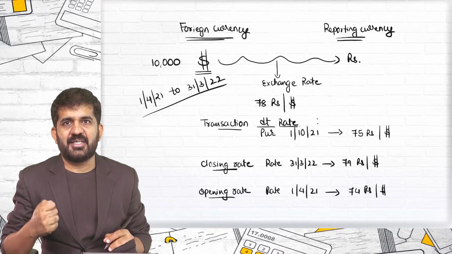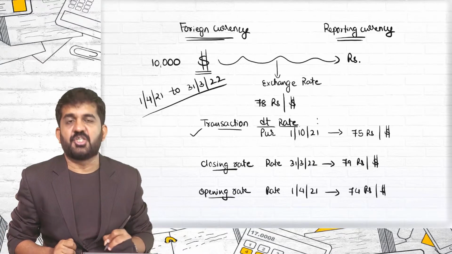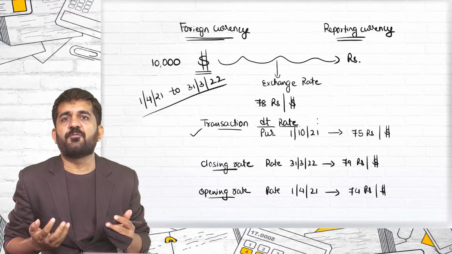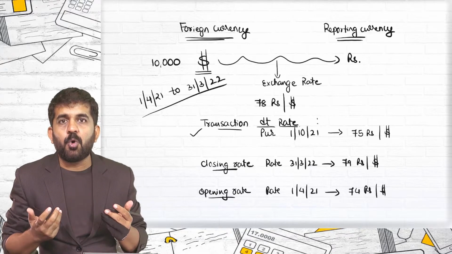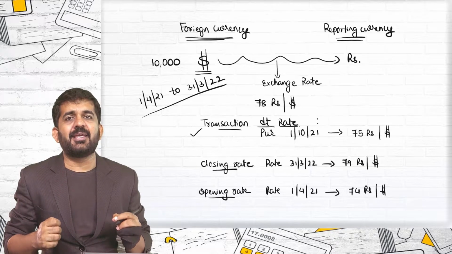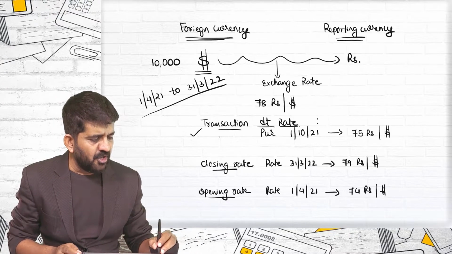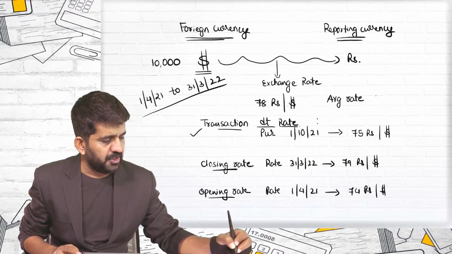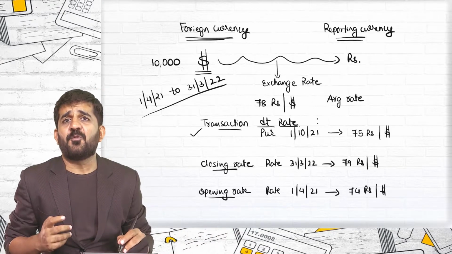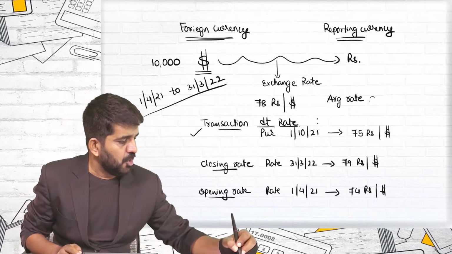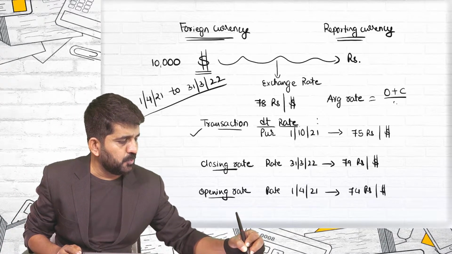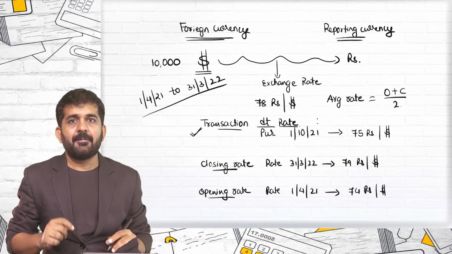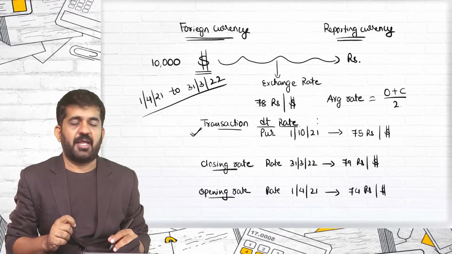All purchases and sales are normally recorded at the transaction date rate. But understand, in academics they cannot quote a rate for 365 days. So to make it easy, instead of the transaction date rate, we can take an average rate. The average rate of all 365 days might be given, or you may take opening rate plus closing rate divided by 2 as the average rate.